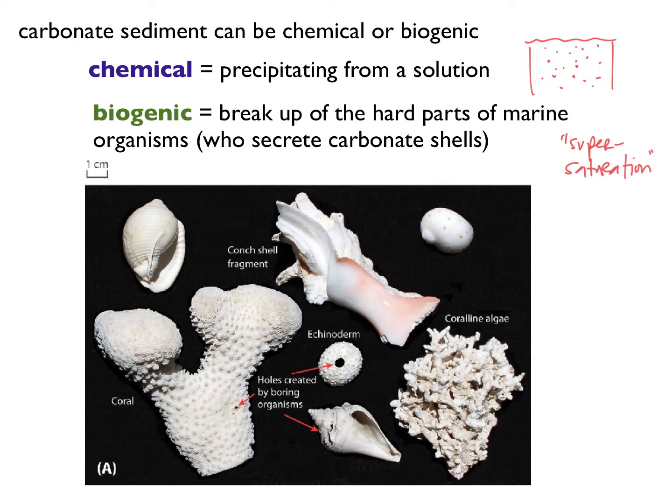In that case, we're creating a biogenic carbonate mineral. So biogenic creation of carbonates refers to the secretion of shells or skeletons of carbonate mineral by living organisms. So they are actually taking the dissolved ions out of the water and using them to precipitate their shells.